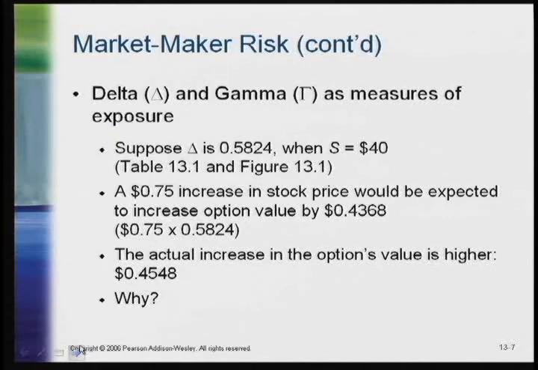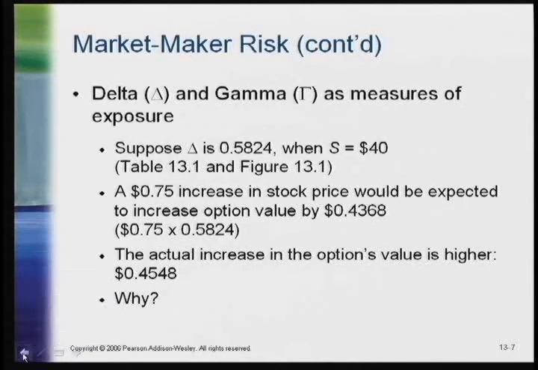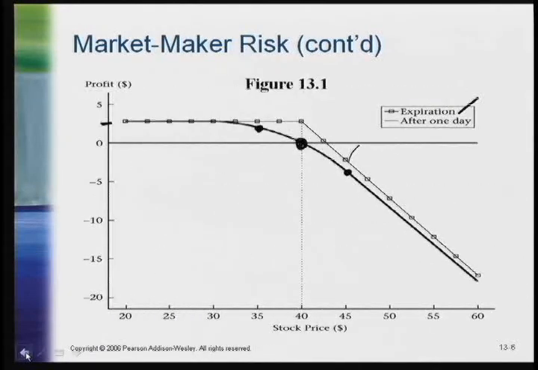That risk is a delta risk, because what is delta? Let's recall delta. Delta is related to the slope of the curve. Recall that delta is, by definition, the derivative of the option price with respect to stock price. Now, this is a short option, so we need to put a negative in front of that.